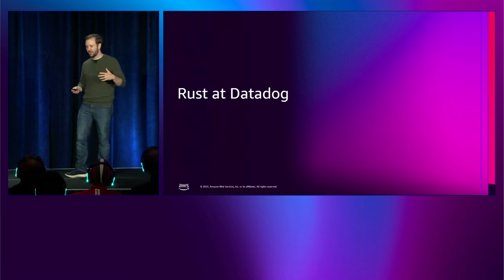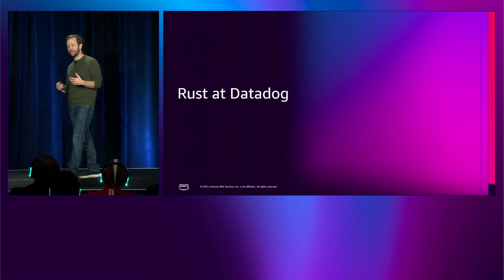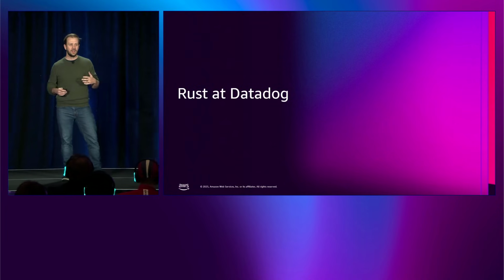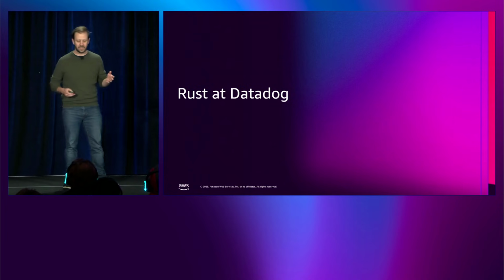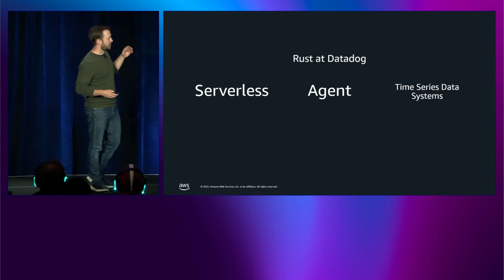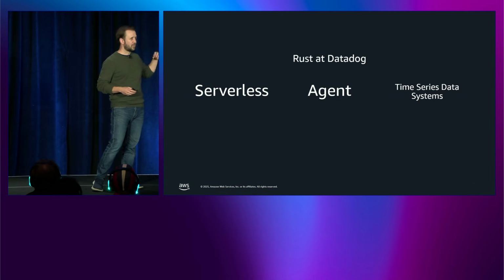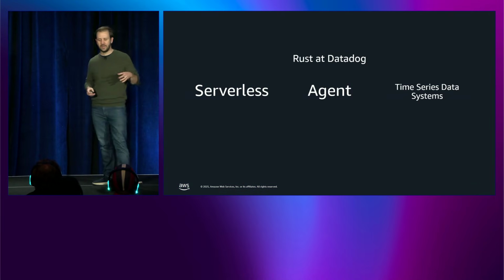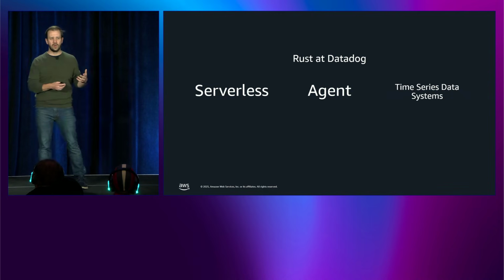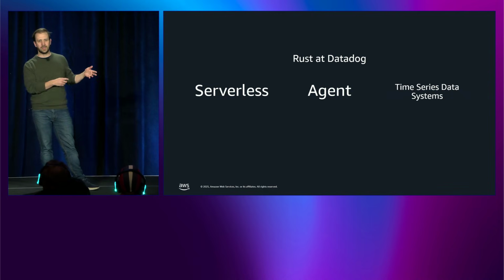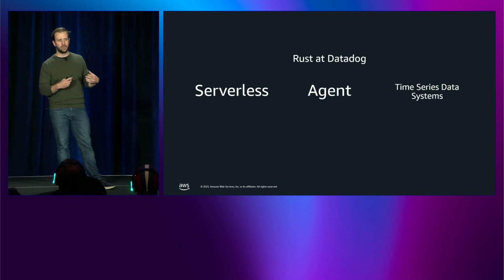I'm really excited to talk through all of the different ways that we're using Rust at Datadog and how we're trying to expand that to more and more use cases. There are three main verticals where we're using Rust here at Datadog today in production. The first is serverless. We're using it to replace our legacy Go Lambda extension with a Rust version that's built for purpose.